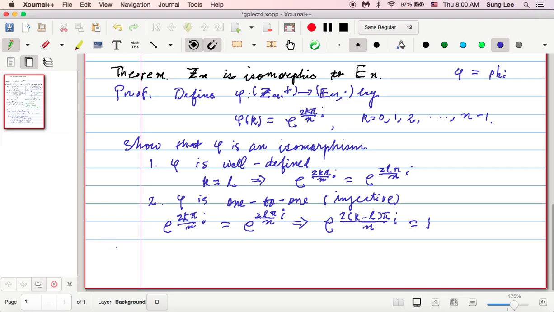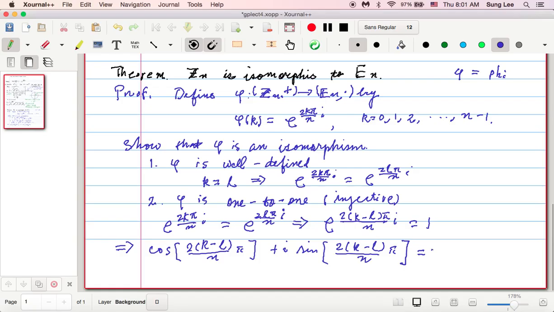Using Euler's formula, that's cosine of 2 times (k minus l) over n pi, plus i times sine of 2 times (k minus l) over n pi, and that equals 1.